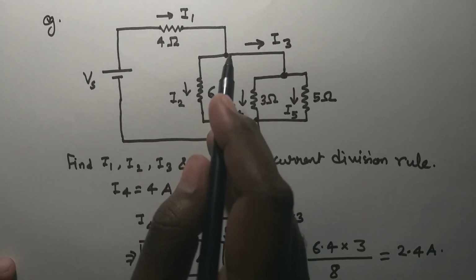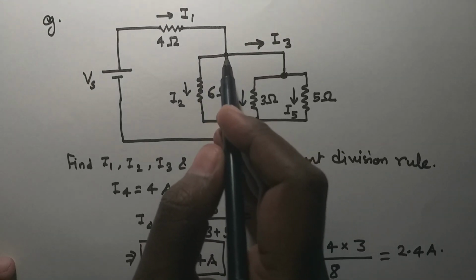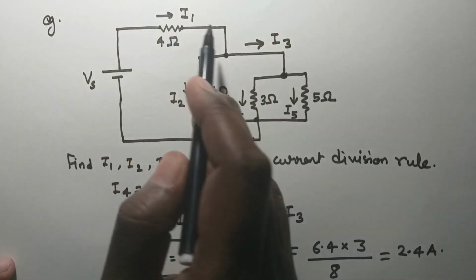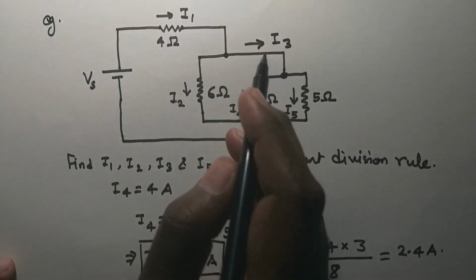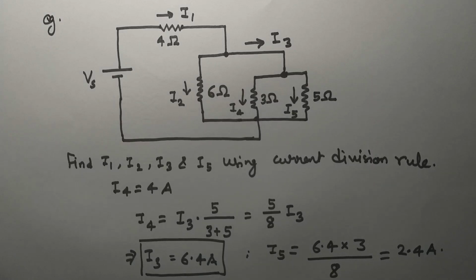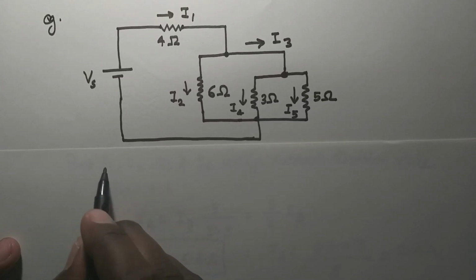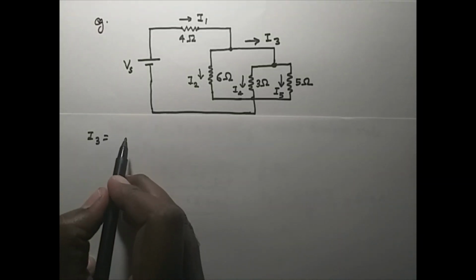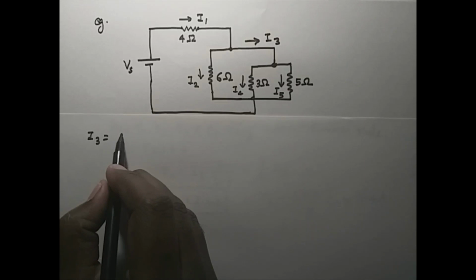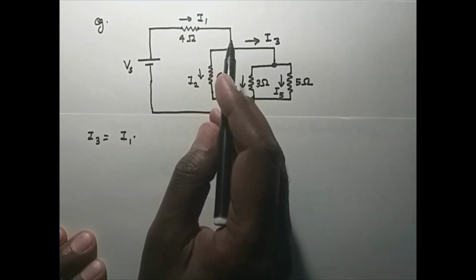Similarly, we can also apply the current division rule at this point. Here I3 is known and total current is I1, which is getting divided into I2 and I3. So we can write I3 as total current, which is I1, multiplied by adjacent branch resistance.